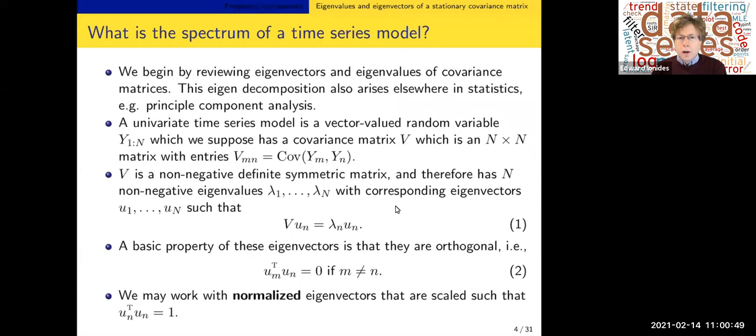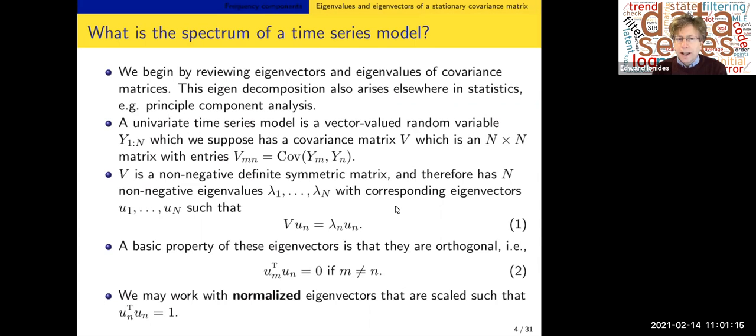So we have a univariate time series model, and that's a vector-valued random variable y1 through n, which has some covariance matrix V, and V is an n by n matrix with entries Vmn. Now, a linear algebra property of V is it's a non-negative definite symmetric matrix.